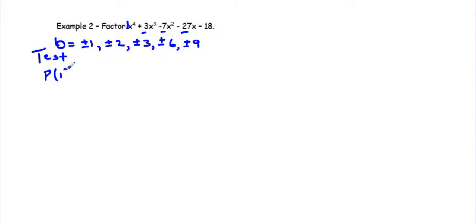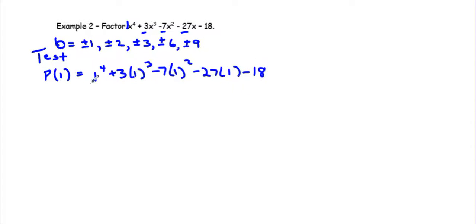Let's try p of 1. So 1 to the 4th plus 3 times 1 cubed minus 7 times 1 squared minus 27 times 1 minus 18. All right, when I do the math, 1 plus 3 minus 7 minus 27 minus 18. I can see right away that's never going to be 0.